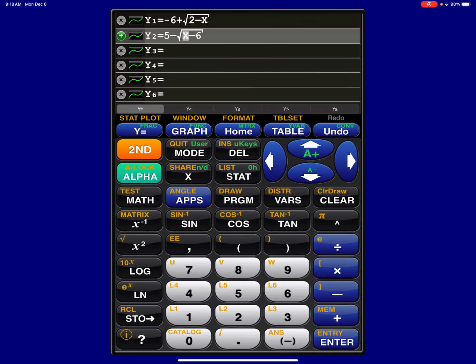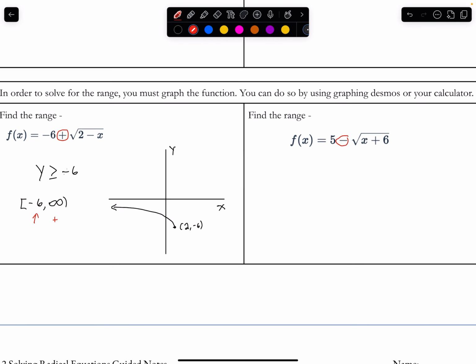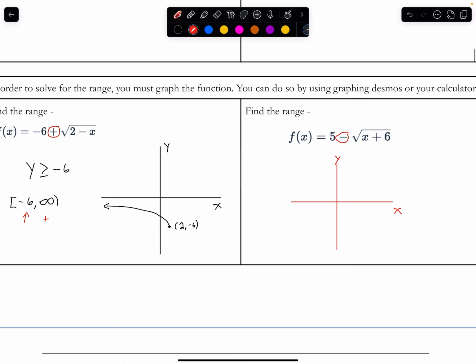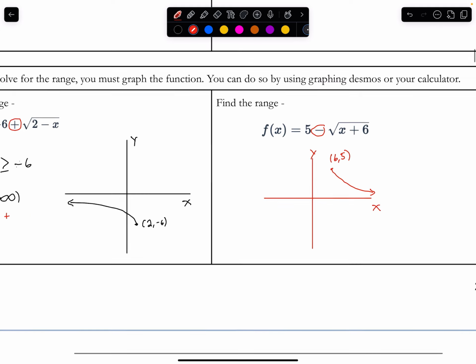So if I go ahead and sketch a graph of that, I'm going to just draw a little coordinate plane real quick. I label my x, I've got my y, right? I've got the point 6 comma 5 right here, and the value is just going to keep going down and down and down forever, right? And this point 6 comma 5 is going to give us a value. So what can we say here now, right?